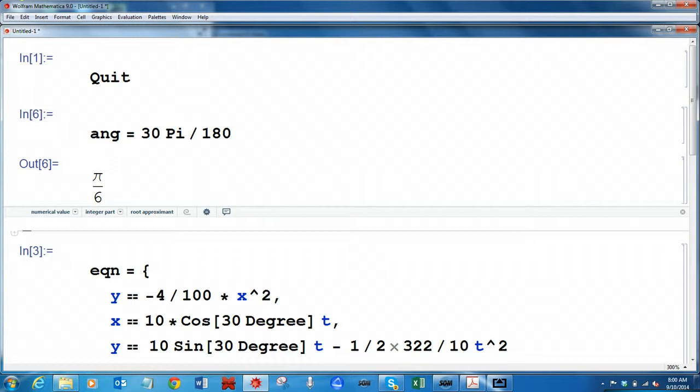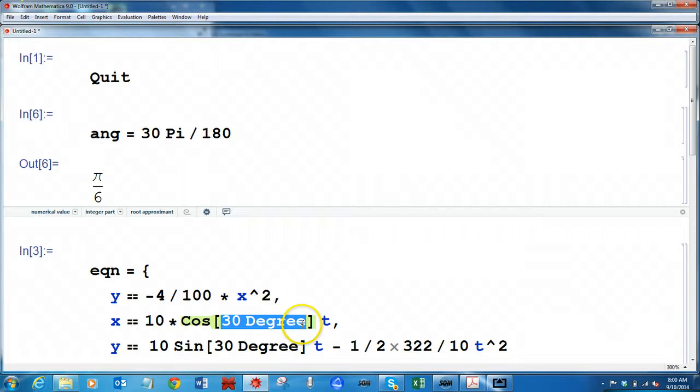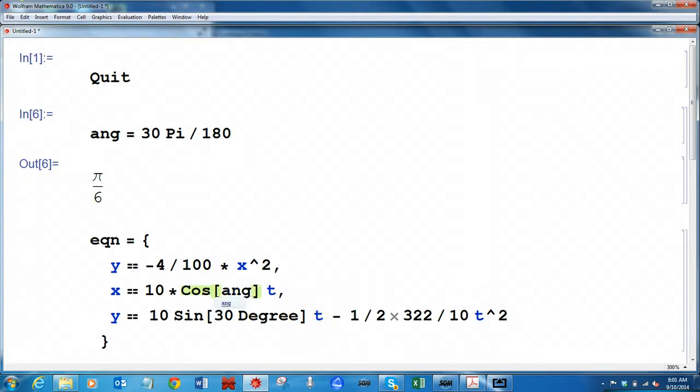There's your angle. And then here I put angle, A-N-G. Does that make sense? So degree is built in, so you don't have to figure out whether or not you have it. It knows what it is.